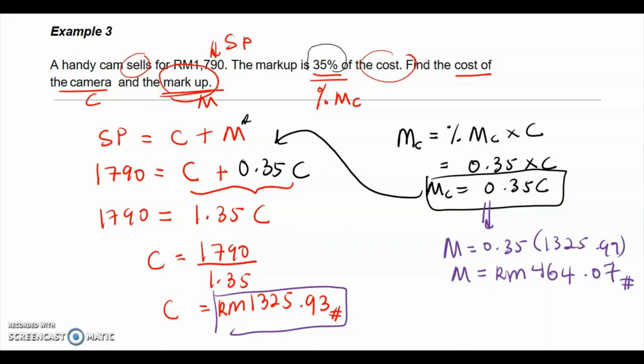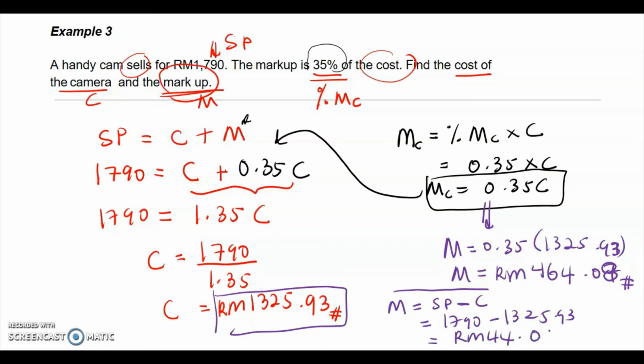This is 07 because I need to round off. Actually you can also find the markup amount using the formula SP minus C. So selling price is 1790 minus C, which is 1325.93. So markup is RM464.07. You will get the same answer as this one.